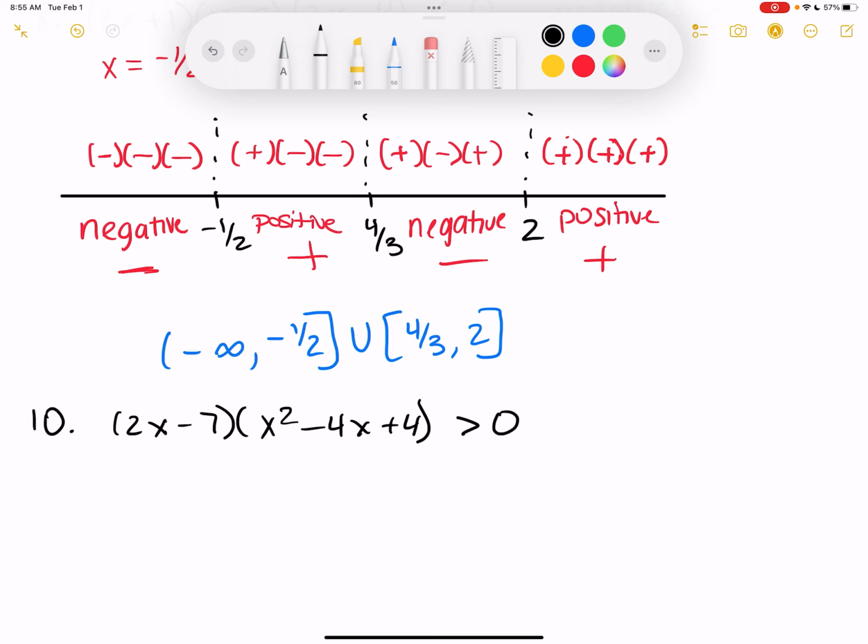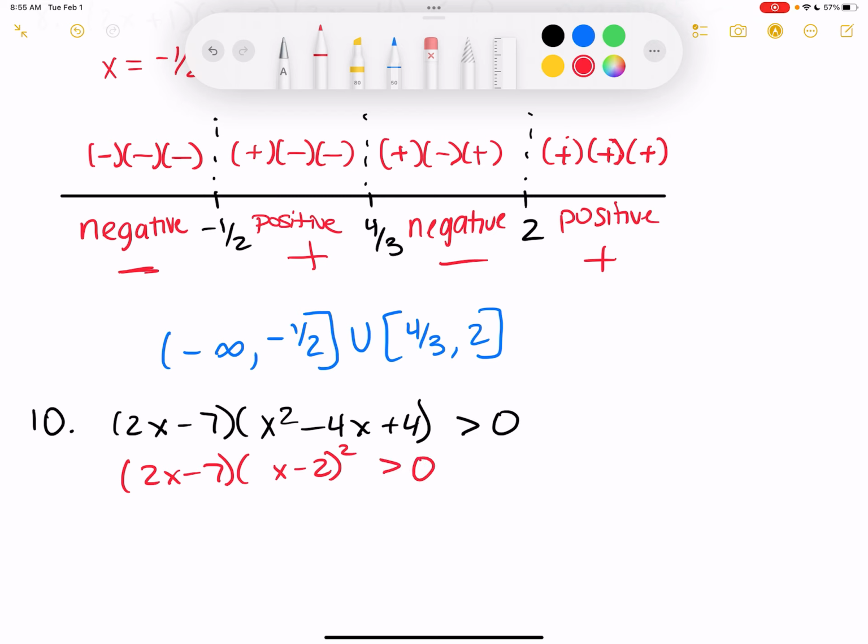So we're going to need to factor that x squared minus 4x plus 4. x minus 2 times x minus 2? Yep. Or x minus 2 squared, I guess it'd be the same thing. So we'd have 2x minus 7 times x minus 2 squared. Since we only have to worry about it the one time, we can just write it that way.